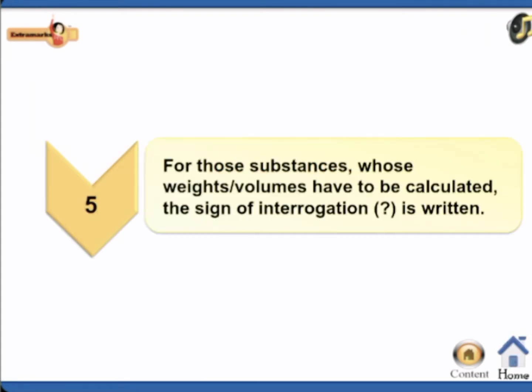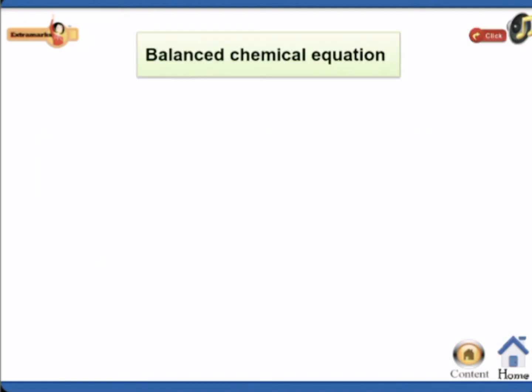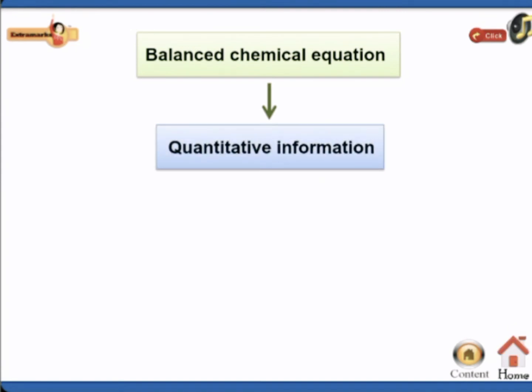For those substances whose weights, volumes have to be calculated, the sign of interrogation is written. A balanced chemical equation conveys the quantitative information which helps in a number of calculations.